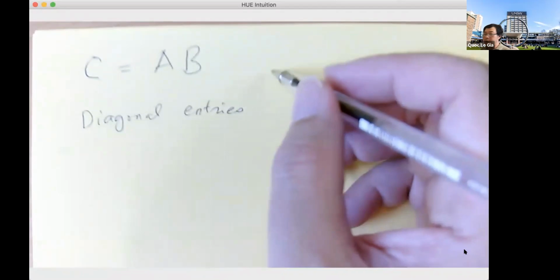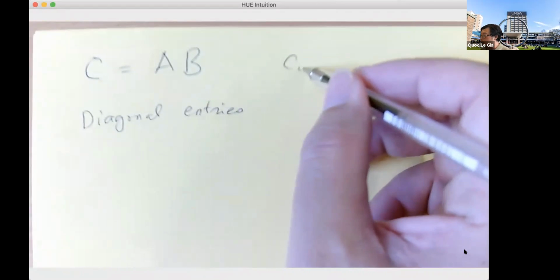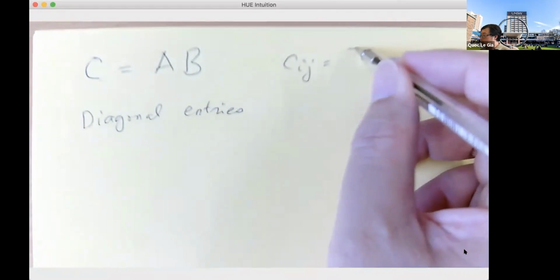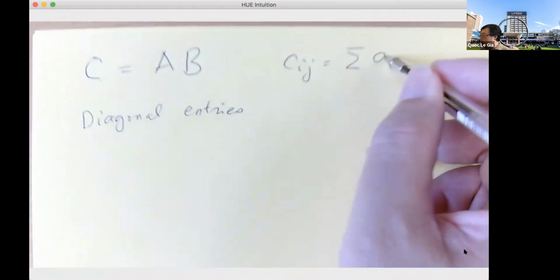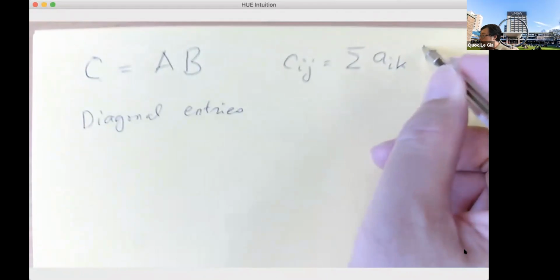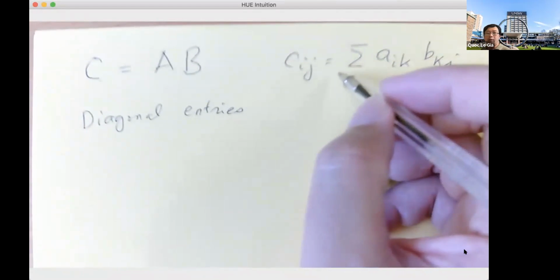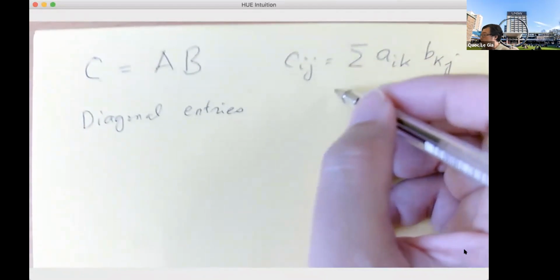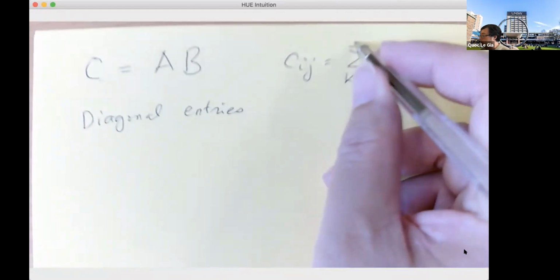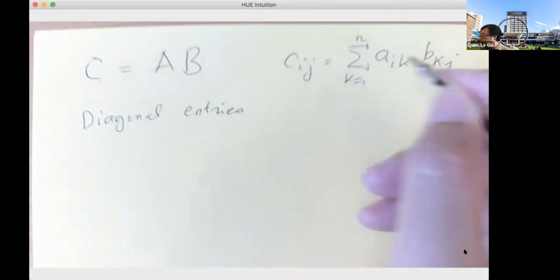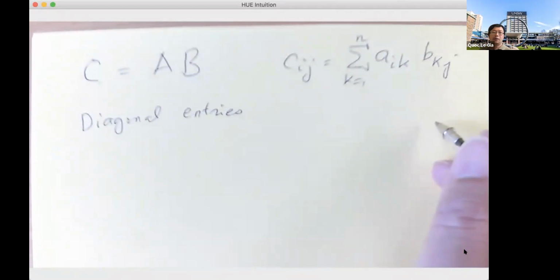Remember the general formula: C_ij is the sum over k from 1 to n of A_ik B_kj. This is the general formula to get the entries C_ij. Now I'm checking the diagonal entries first.